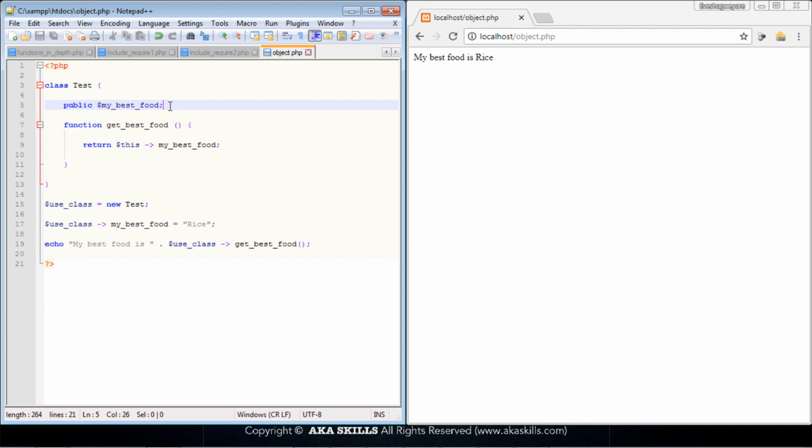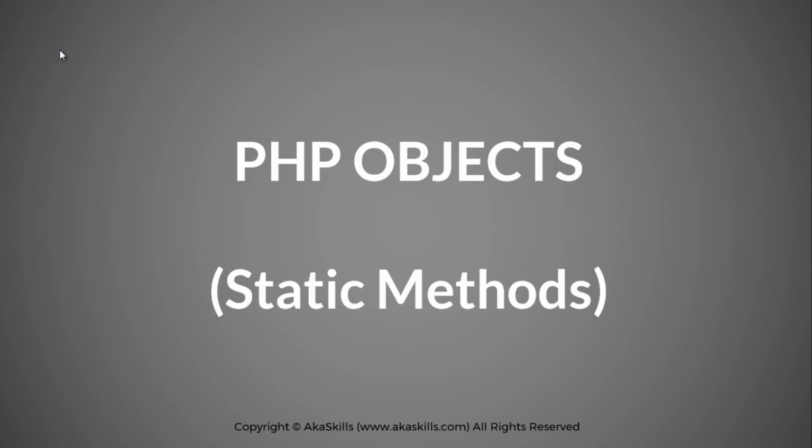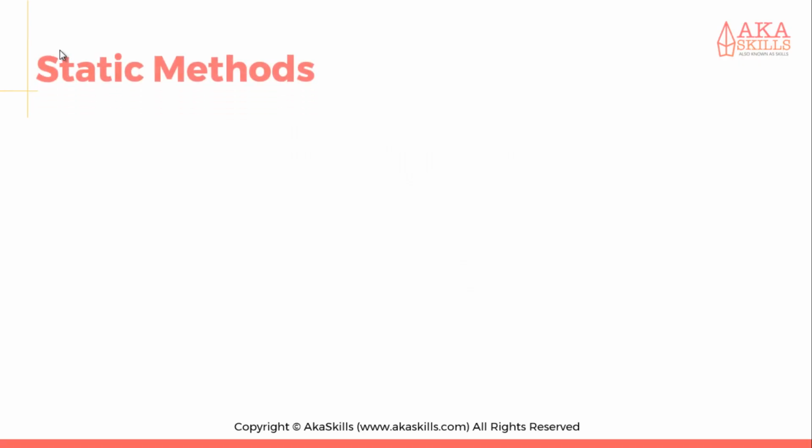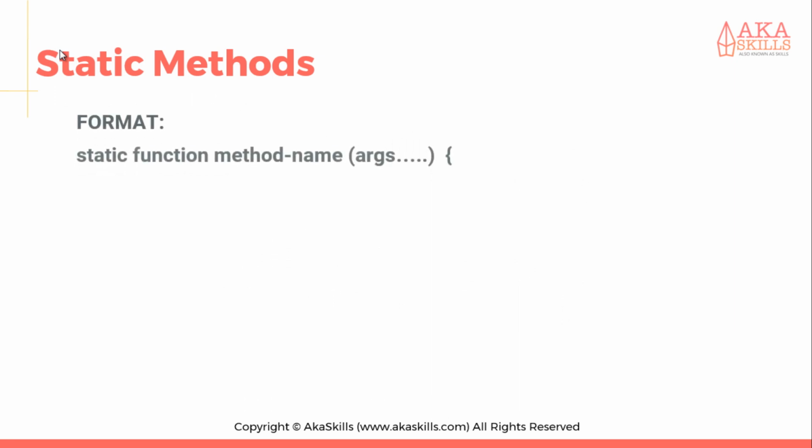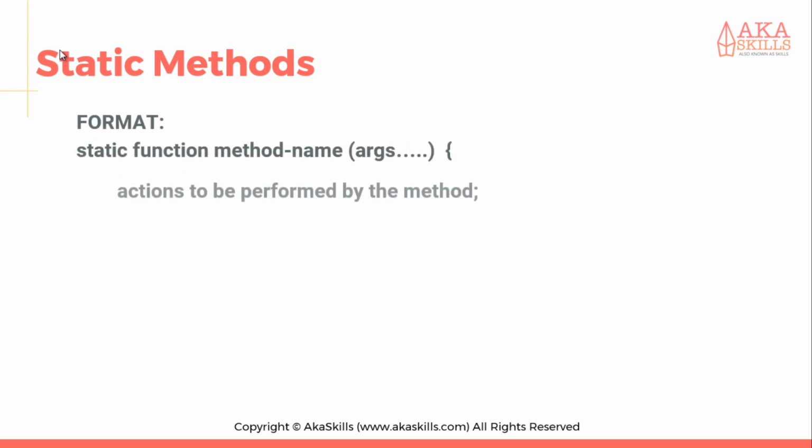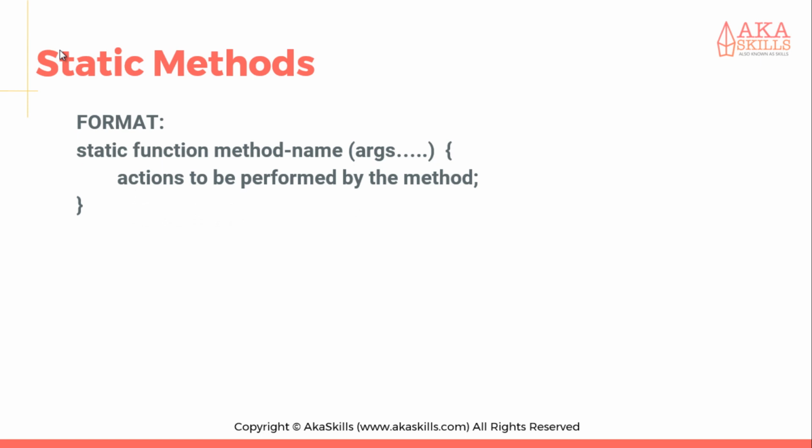And so right now we are moving on to greater heights, static methods. So you might be wondering, what is this one this time around? Static what? This is fairly simple. All you need to do is understand the format for the static method, and it is as simple as this. So all you need to do is say static.